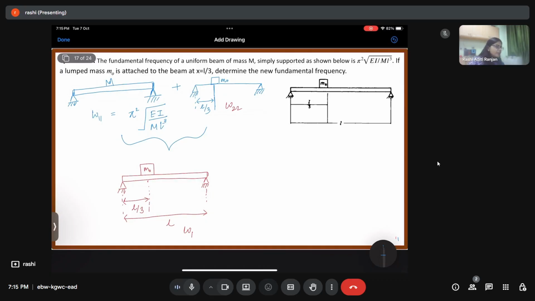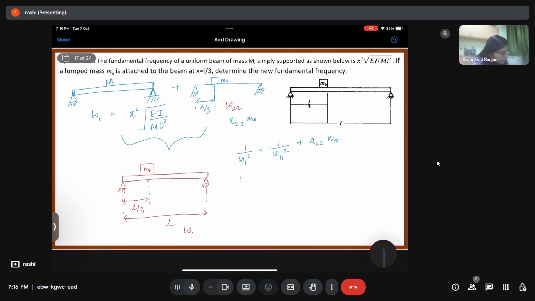So for now, we assume that okay, we have A22 M naught. Okay, so we can write the equation first. How am I going to write the equation? It is going to be 1 by omega 1 square is equal to 1 by omega 11 square plus A22 into M naught. Correct? Now, if we have A22 into M naught, then what we can do is we can for now simply take omega 1 square on both sides, multiply.